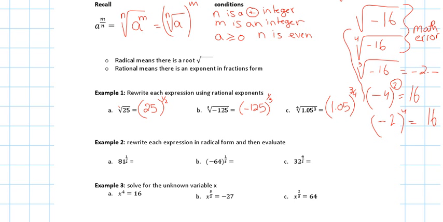Why is this 1? Because there's no exponent here, so my exponent is technically speaking 1. In this case, they're just asking you to write each expression using a rational exponent. It's not asking you to evaluate. It just wants it in rational exponent.